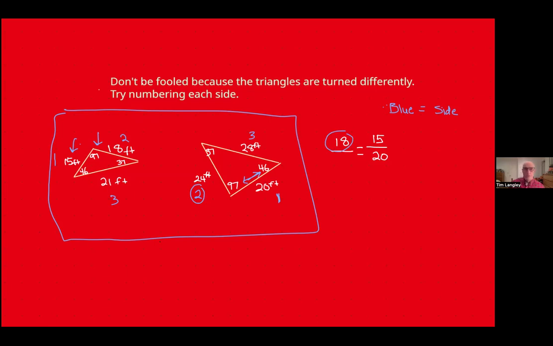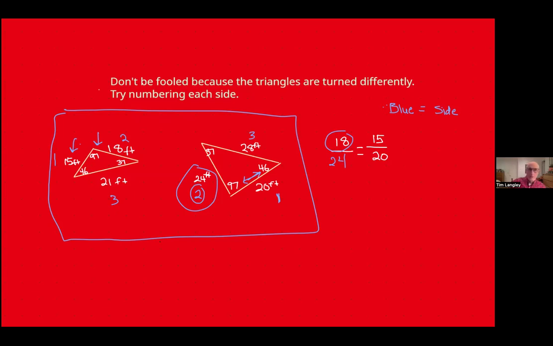Look, what's the number for side 2 on the right? I'm going to circle it. This is side 2, so it's got to be 24. This little method will help things be real clear for you. Equals 15. And what was 15? That's side 1, so over side 1, 20. Sure enough, they match. And then you would cross multiply to verify that you get the same answer.